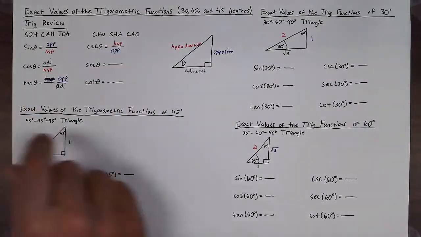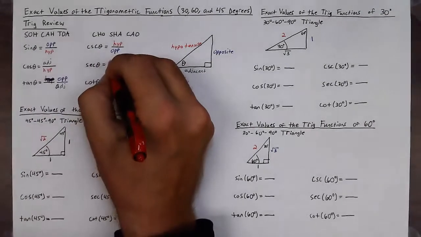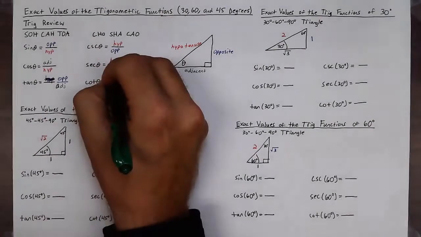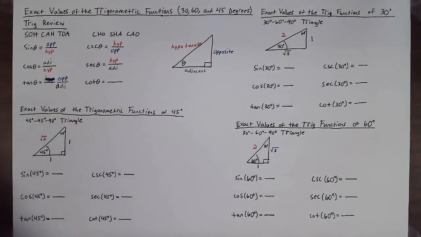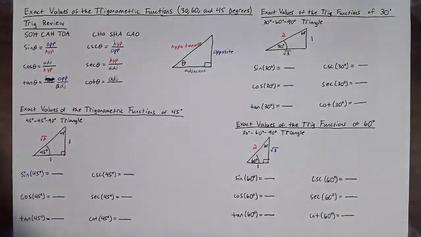Secant will be hypotenuse over adjacent. And then cotangent will be adjacent over opposite.